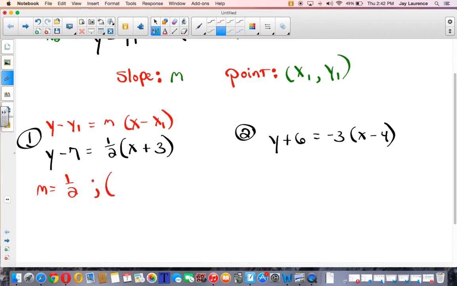It's going to be a different point. So, let's see here. The x-coordinate is found here, and it needs to change signs, so it's going to be a -3. The y-coordinate is found here, and it needs to change signs, which means it's going to be a 7. There you go. I've got the slope and the point just from that equation. If I wanted to graph, I could graph this point, -3, 7, and then rise 1, run 2, rise 1, run 2, rise 1, run 2.